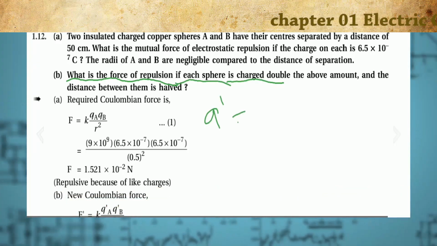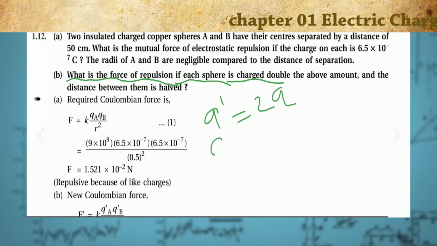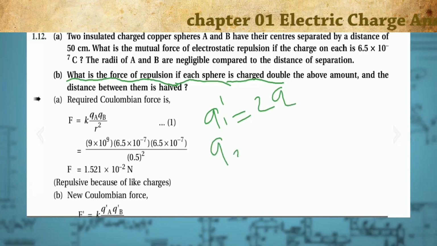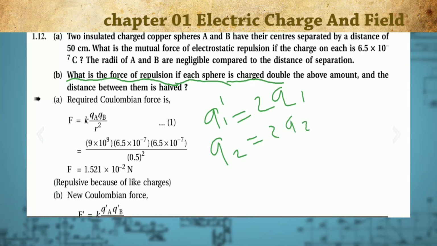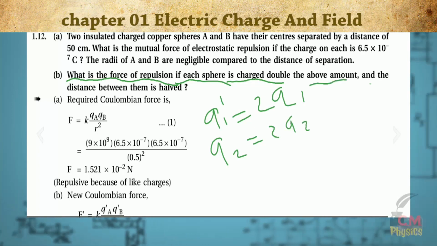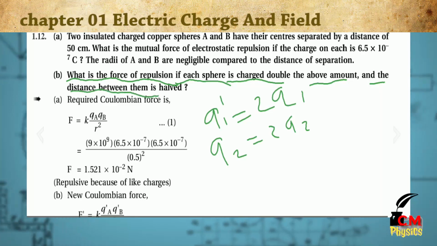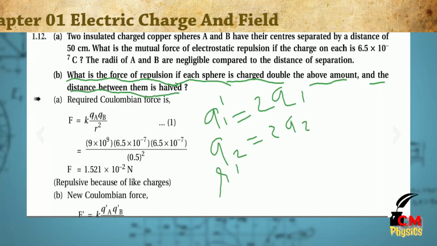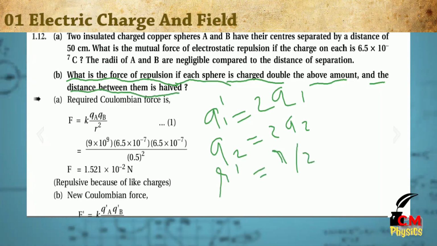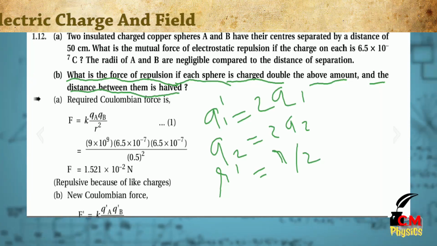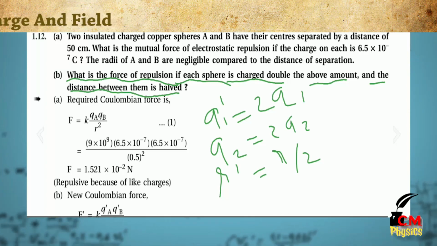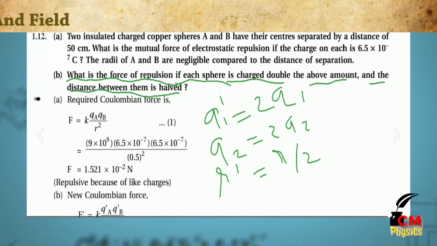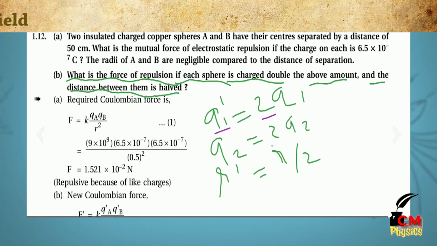Means Q dash becomes 2Q, so Q1 Q2 becomes 2Q square, and the distance between them is half, means R dash becomes R by 2. The new charge is double and distance is half.